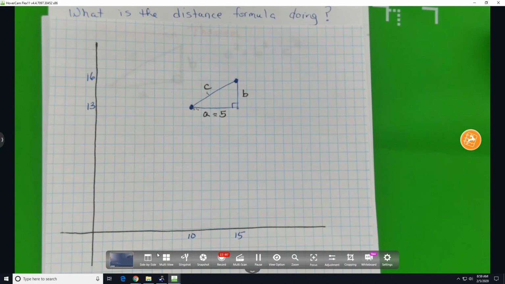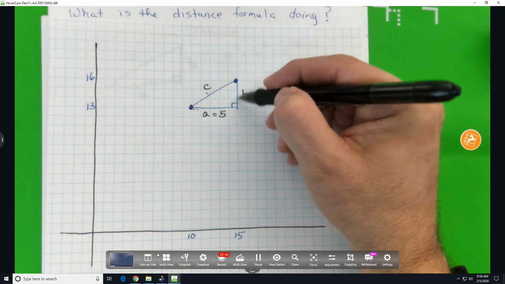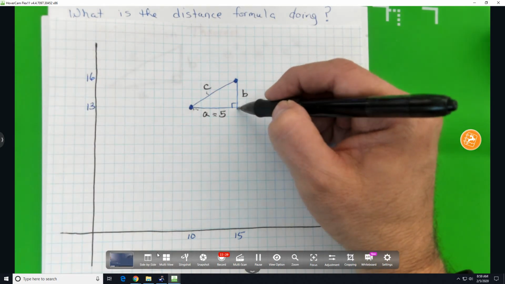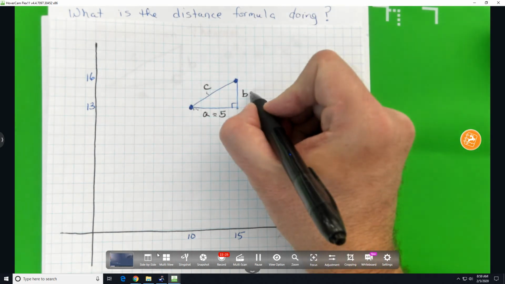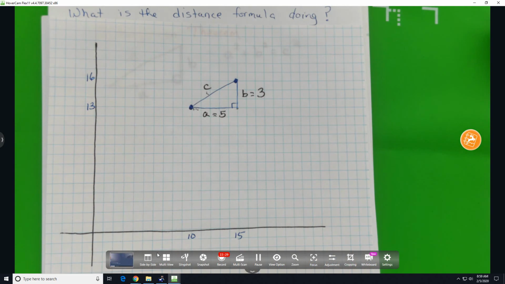Y'all see where I'm getting a 5 there? Now what about B? If I want to calculate this length right here, it's going from 13 up to 16. Let's see, what's that length? 1, 2. Is B a 3? Is anyone following what I'm doing here?